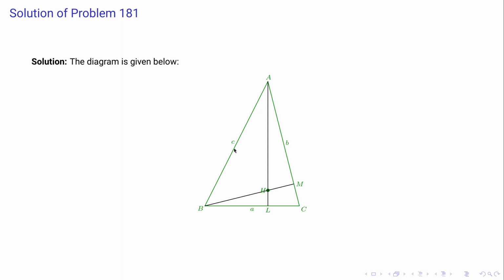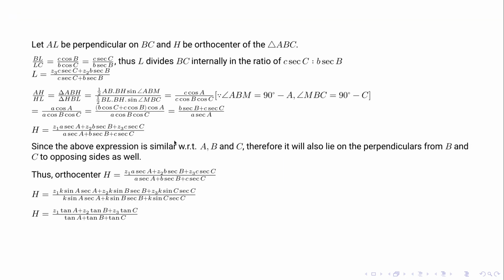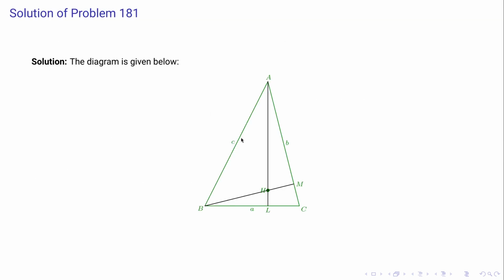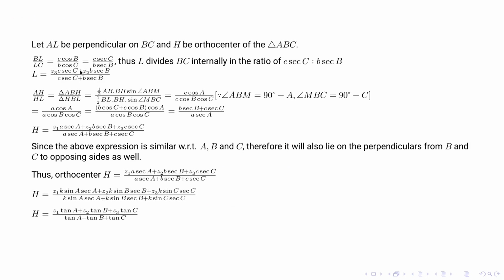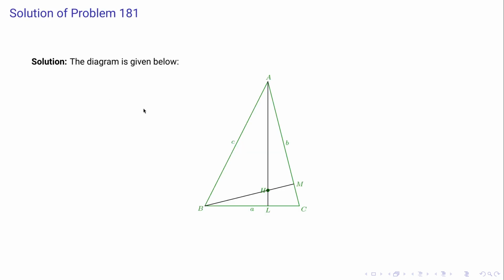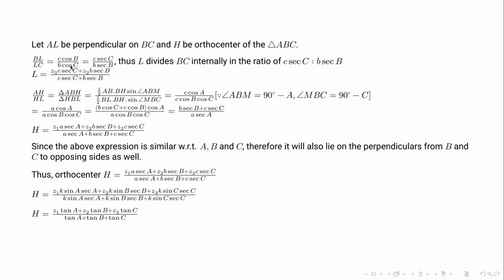So BL will be C cos B. So similarly, LC, you can figure out that LC would be B cos C. Okay. So if you see LC in this triangle, and you take cos of this, it would be hypotenuse and base. So base by hypotenuse. So LC would be B cos C.